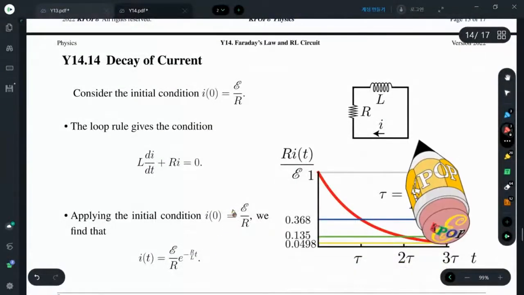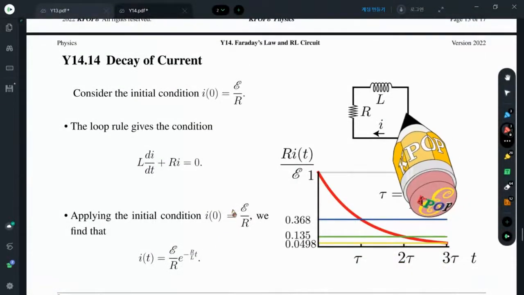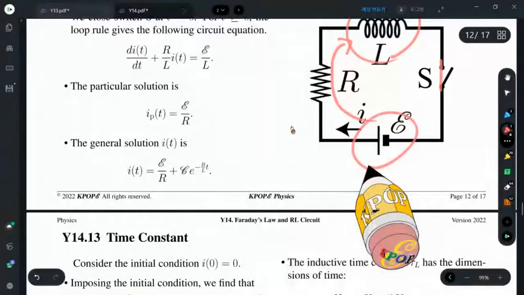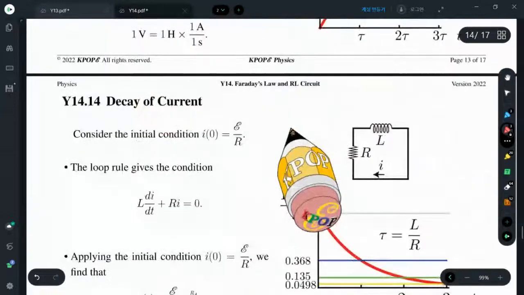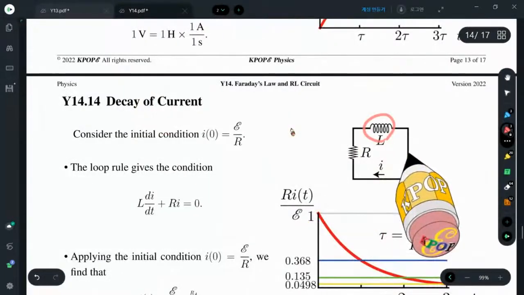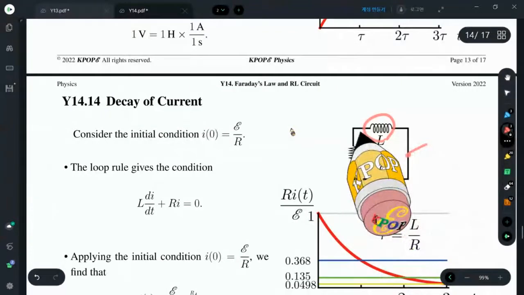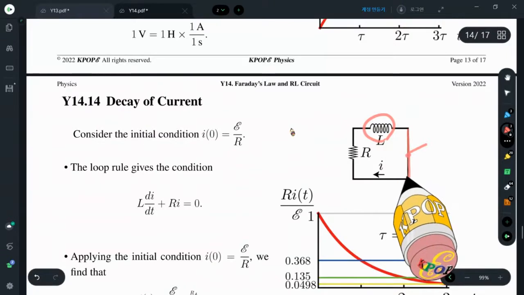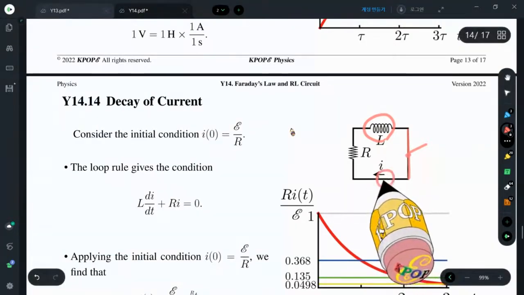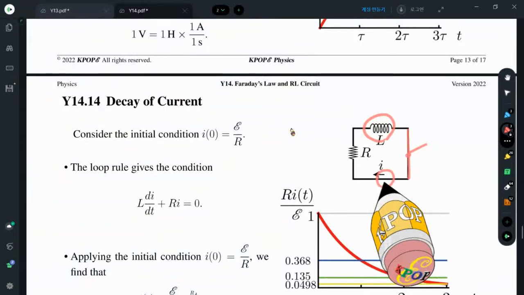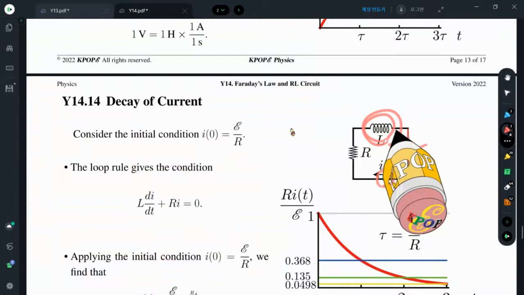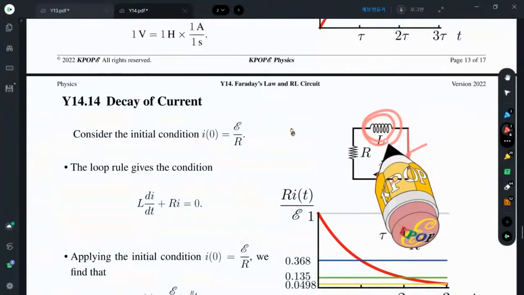Decay. If you do not supply any potential difference anymore, without this, if you switch off, the current will stop. However, as long as the circuit is connected, even though there is no battery, this inductor does not allow the current to stop suddenly.